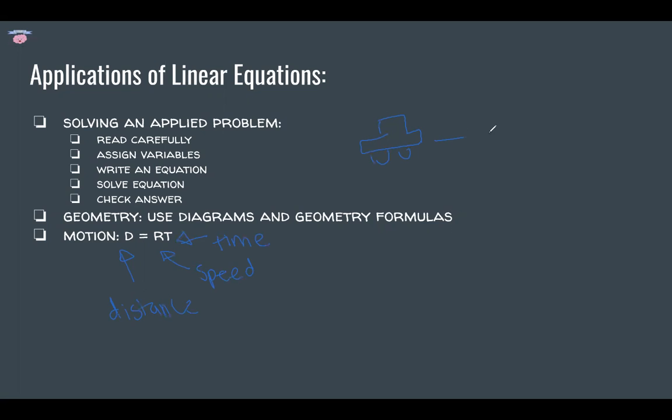A car is driving at a speed of 80 miles per hour. It wants to go from Concord to Sacramento.